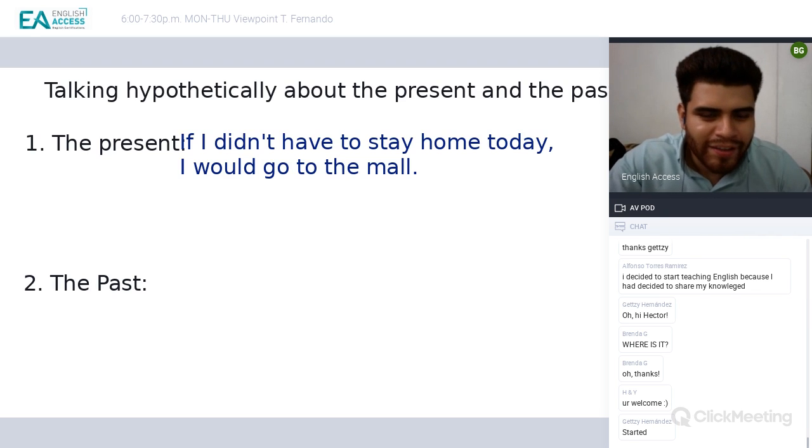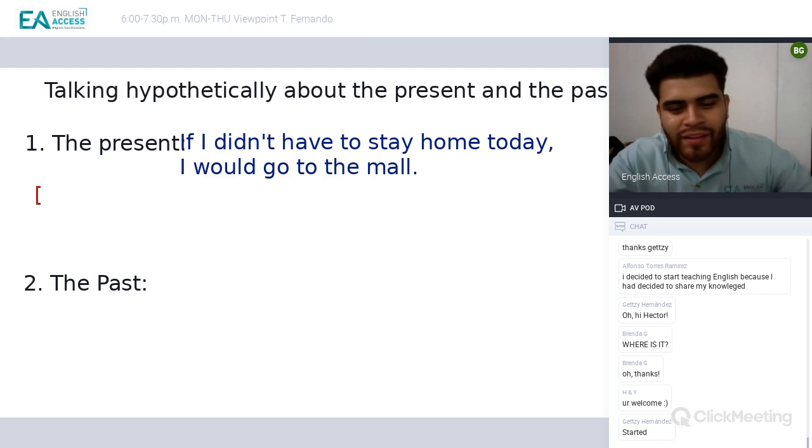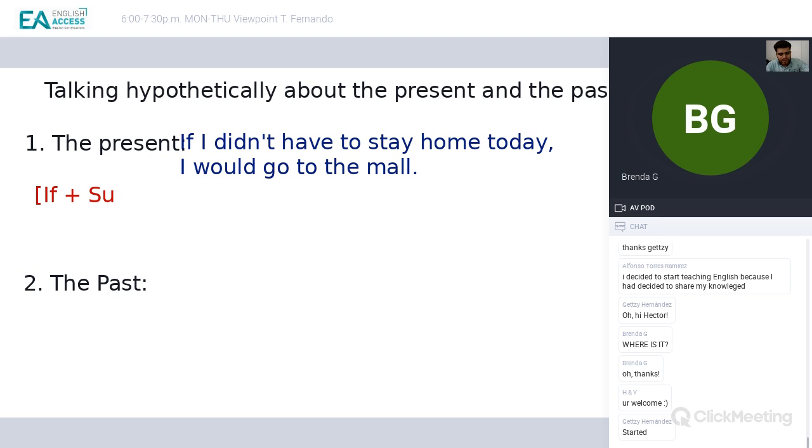May I? Hello, Brenda? Of course. Okay. So first we're starting with conditional if plus subject or noun. And then we have a verb in negative, but it is in simple past. That's one verb. Part of the rule is the comma that you wrote. Beautiful.